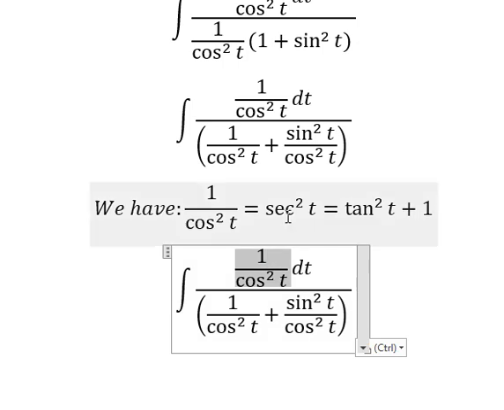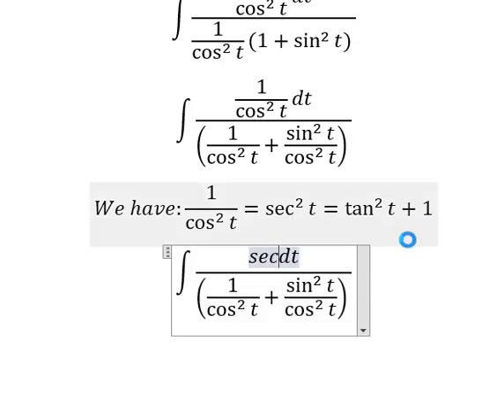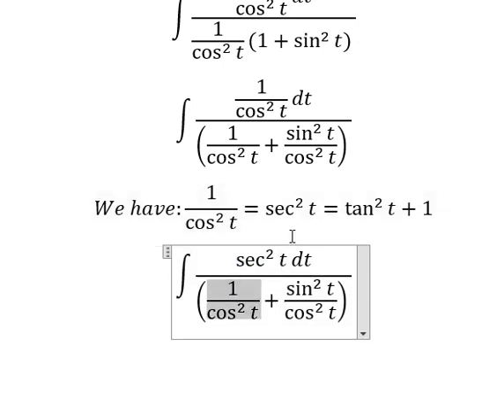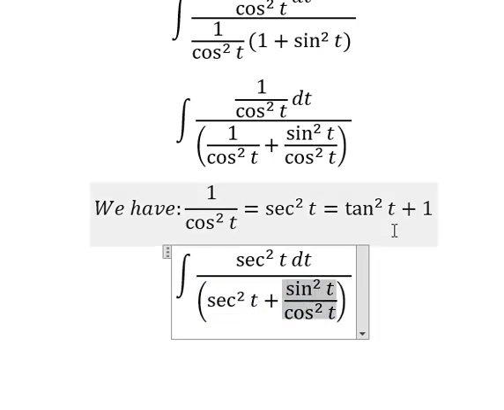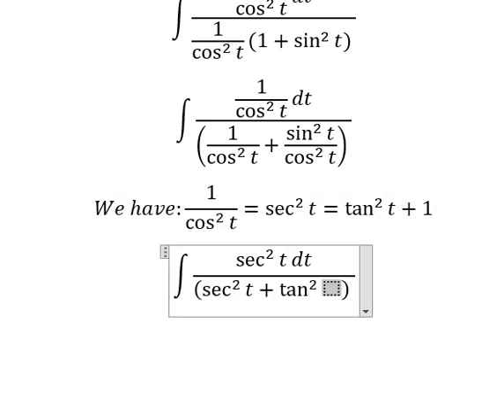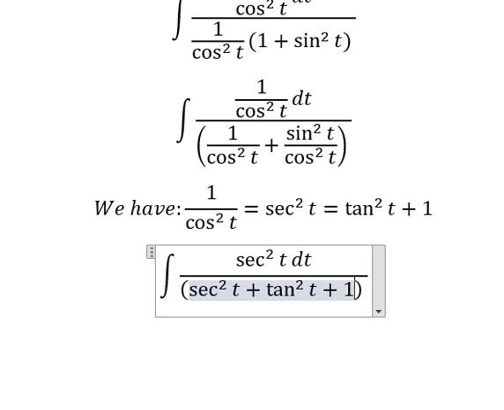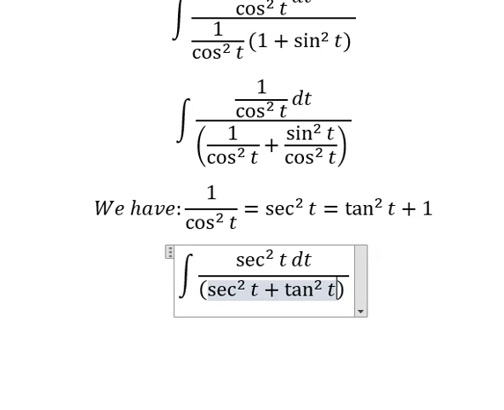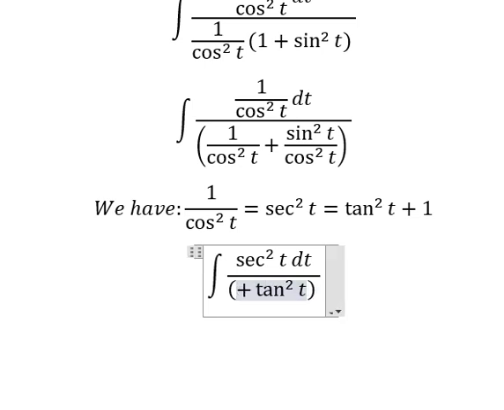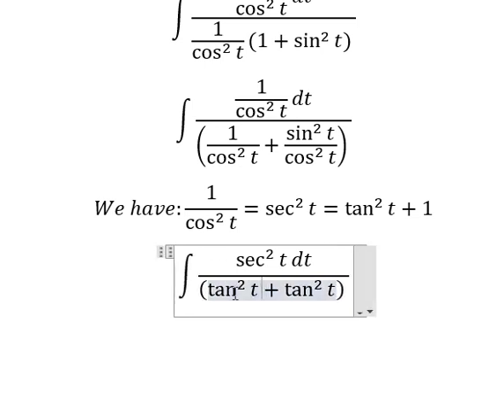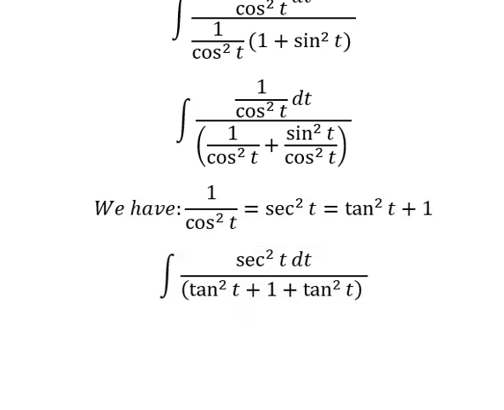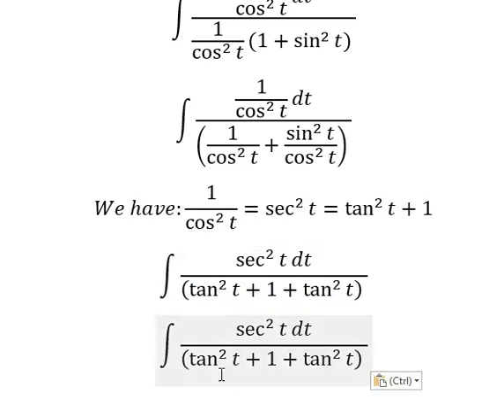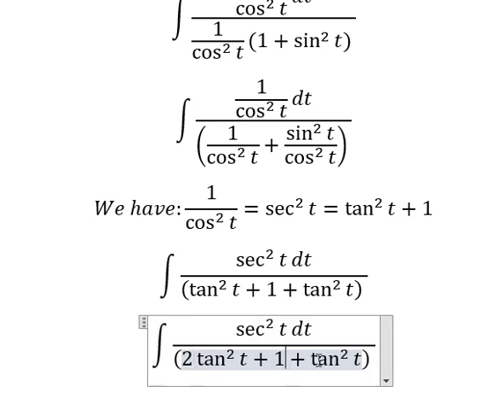This one, that is secant squared t. This one, that is secant squared t. This one, that is tan squared t plus 1. Oh sorry, tan squared t. This one, that is tan squared t plus 1. So in this one and this one, we have number 2.